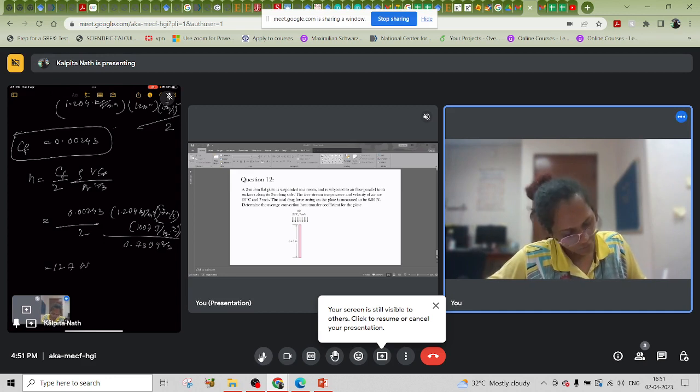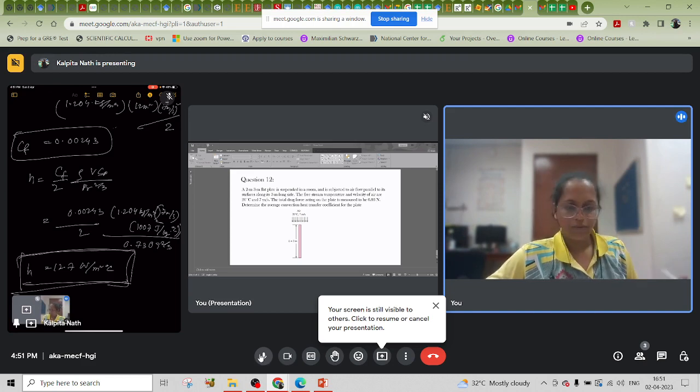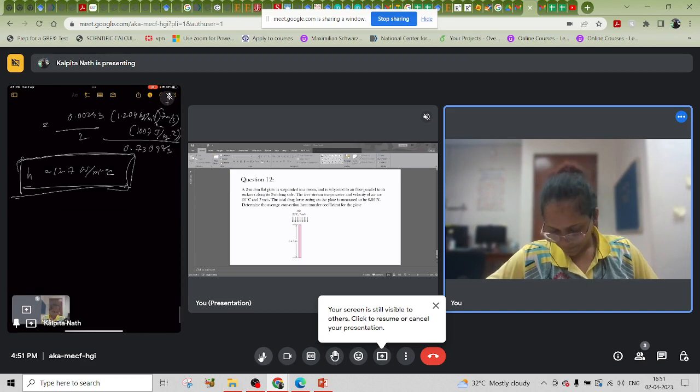This gives 12.7 watt per meter square degree Celsius. This is the average heat transfer coefficient.